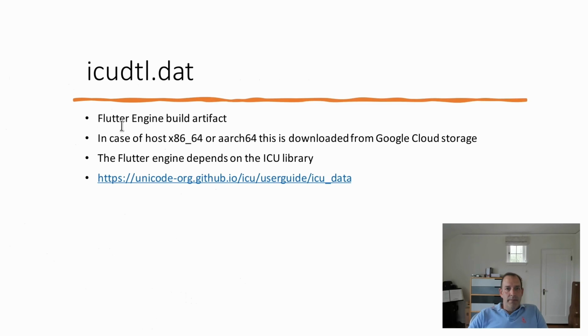icudtl, this is a Flutter engine build artifact. In the case of host, x86-64 or AArch64, this is downloaded from Google Cloud Storage. And the Flutter engine depends on the ICU library. And this has more information on what that file contains, the ICU data.